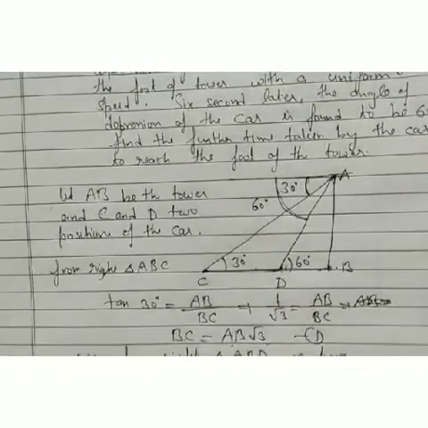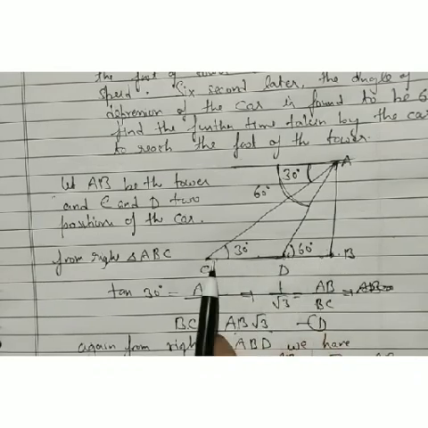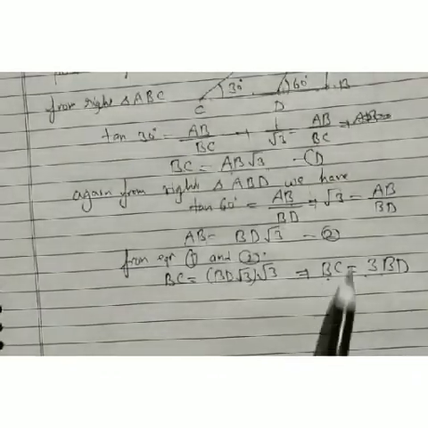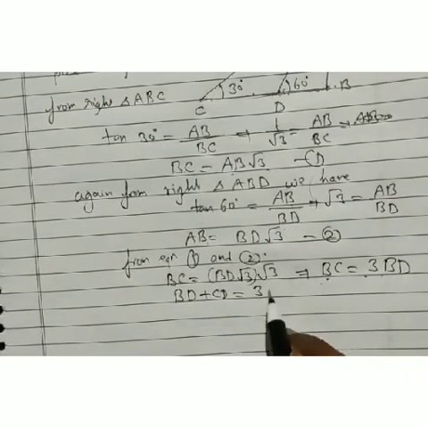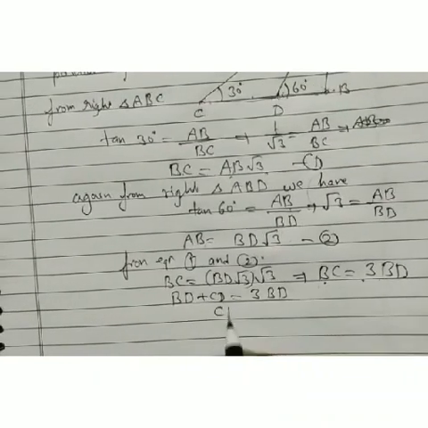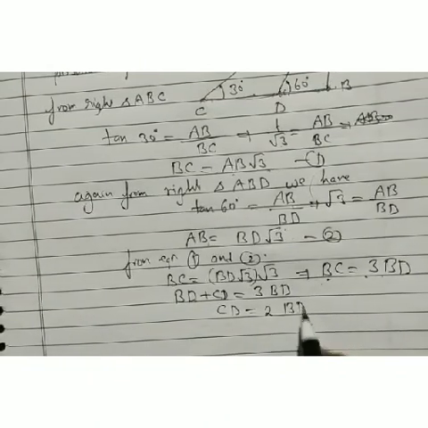Now look, this is our complete BC. We can write our BC as BD plus CD. So BD plus CD is equal to 3 times BD. Then we get CD is 2 times BD.